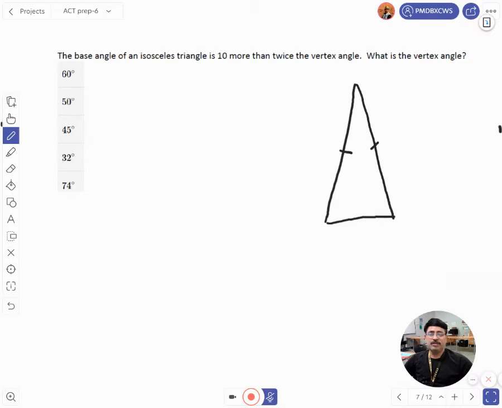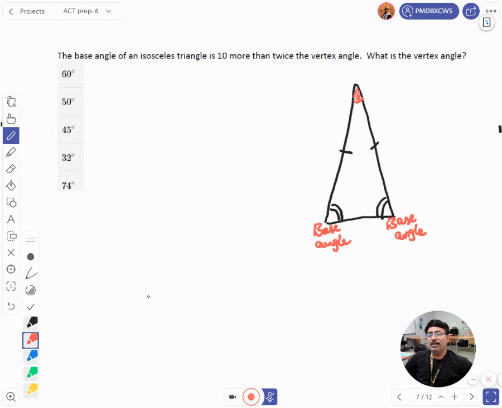Remember, these angles are called base angles. This is a base angle, and this is the other base angle. This is the vertex angle.